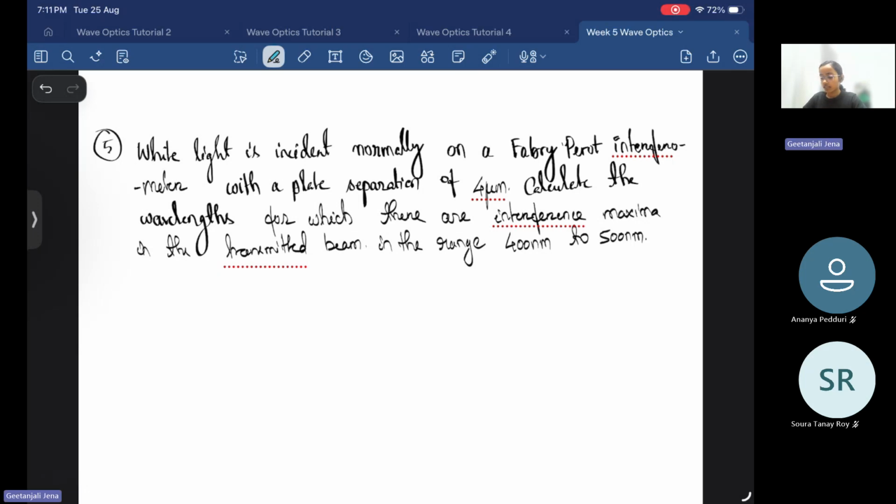Calculate the wavelength for which there are interference maxima in the transmitted beam in the range between 400 to 500 nanometer. So you are incident white light on a Fabry-Perot interferometer with a plate separation of 4 micrometer.